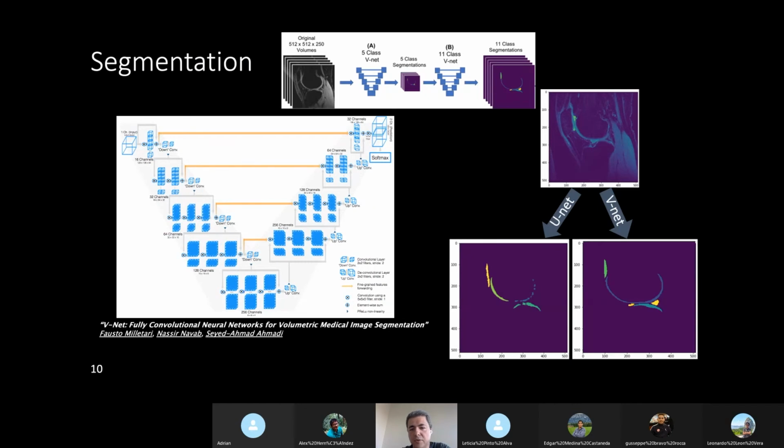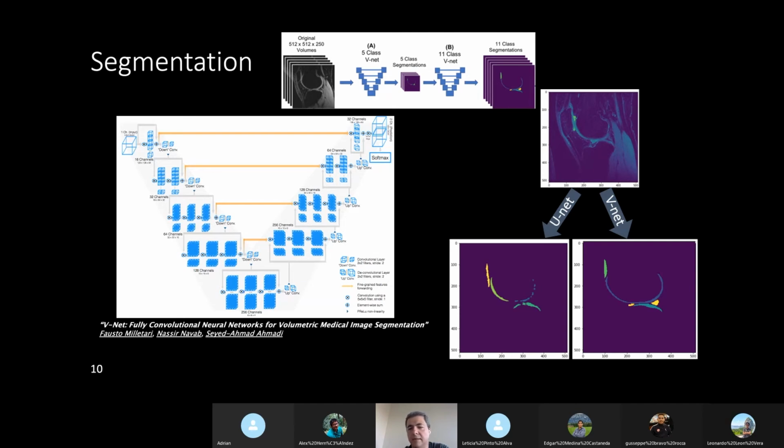First, we tried to use a UNET, and the UNET was good for what we wanted in terms of classification. But as I told you, our sponsor wanted a more precise segmentation because they wanted to use it for measurement and not only for localization. Then we started studying the application of the VNET architecture to our segmentation problem.